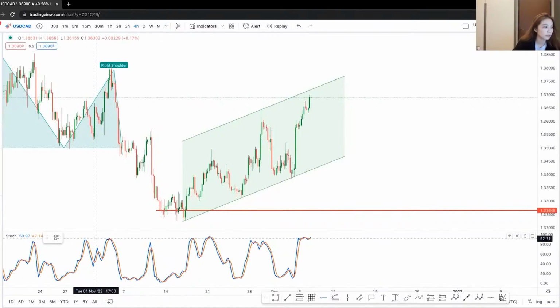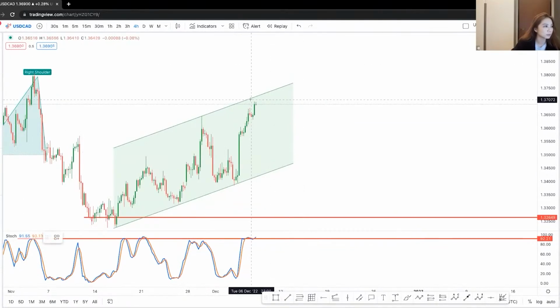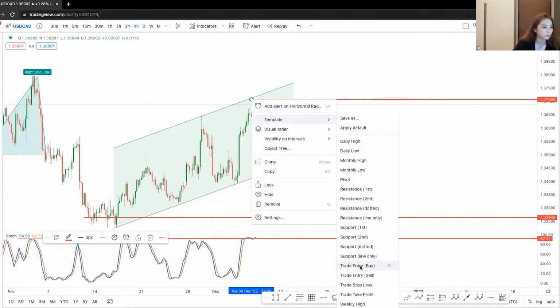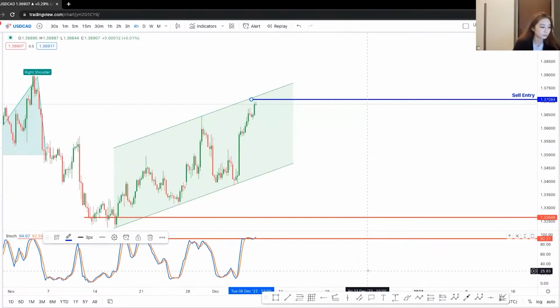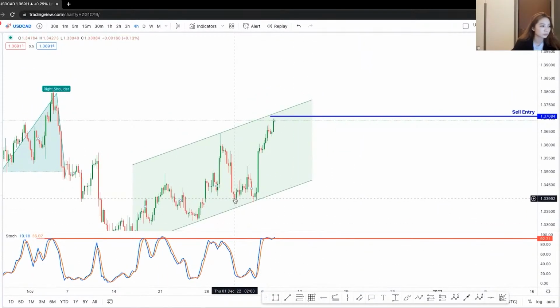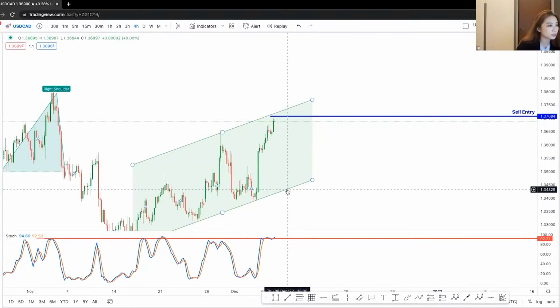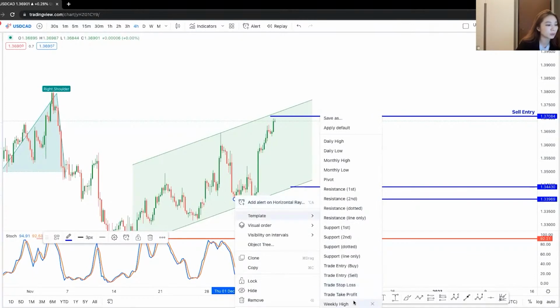Yep, very high in resistance level already. I'm looking at a potential downward movement. Would still want to keep my price, as in my take profit, within the channel. So I would put it slightly above and on the dot of the support, the resistance of the channel, and my stop loss just right below as the support as well.